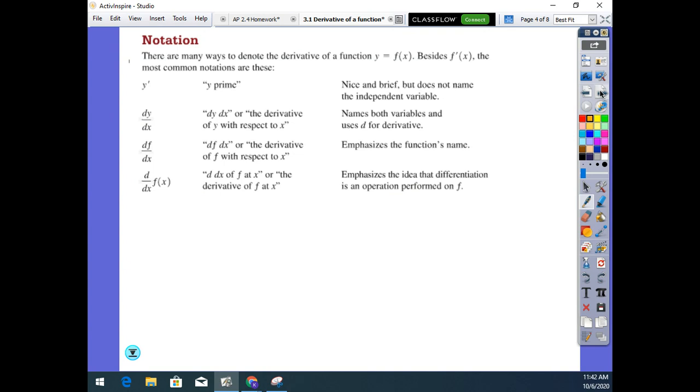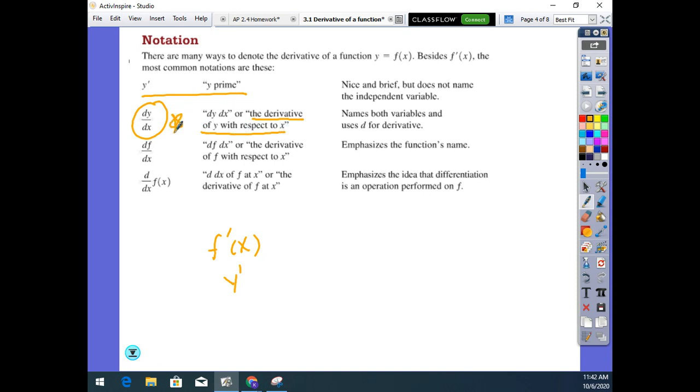All right, so this is super important. People in the beginning get very confused at all the different ways that we can talk about derivatives. Earlier I said we read this f prime of x. We know that f of x is the same thing as y, so we can also say y prime. We can also, and you're going to see this a lot, and this is the one people are the most uncomfortable with, read it as the derivative of y with respect to x.